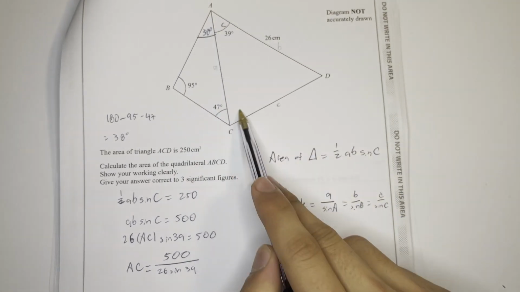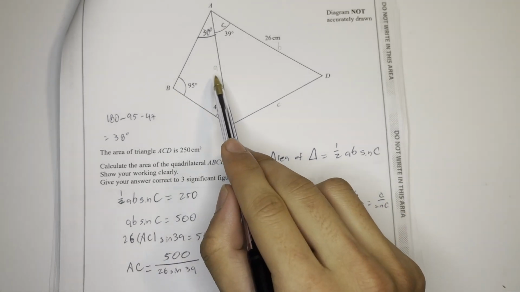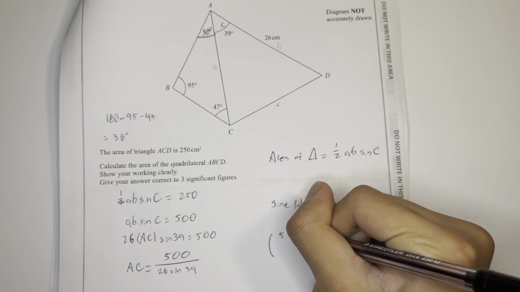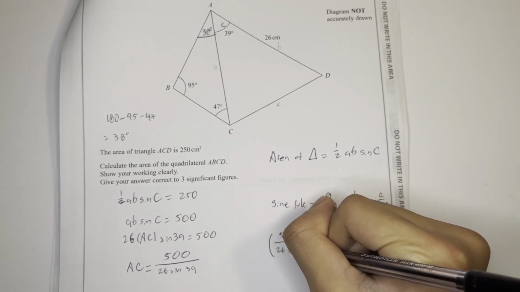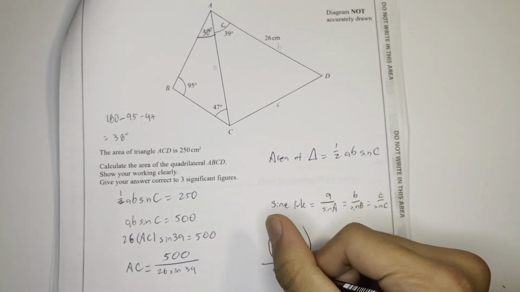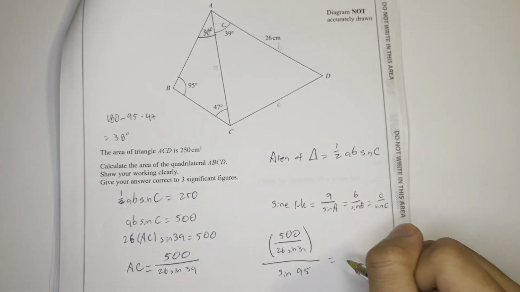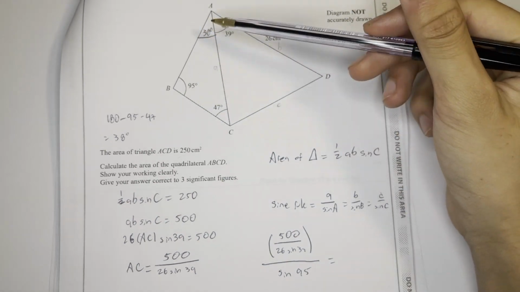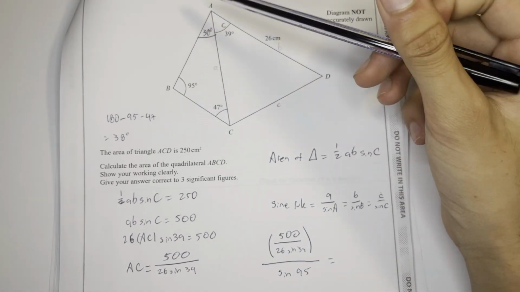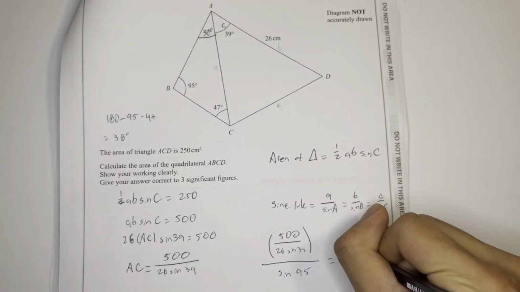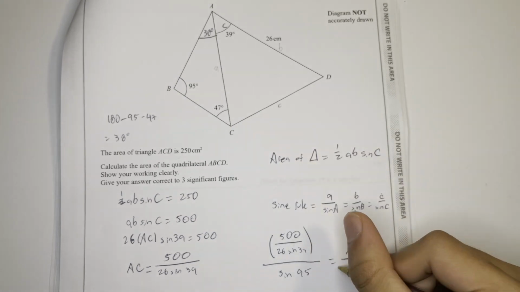We've worked out AC, so we'll use that and put that over the sine of 95 for the first part of the sine rule. So this would be 500 over 26 sine 39, all over sine of 95, is equal to, and now we must use any other side and angle combination. Since we've got two other angles, we can use either of them with either sides, but I'm going to use AB and put this over sine 47.